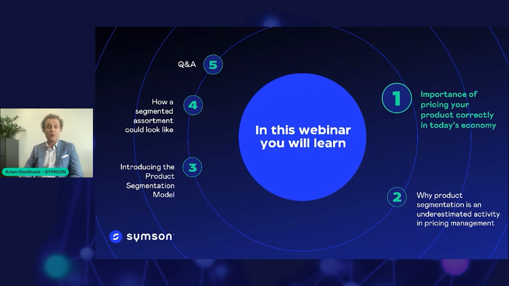In the fourth agenda point, we will give you ideas of how a segmented assortment could look. And last but not least, we also have a Q&A. If you have any questions during the webinar, we invite you to put them in the chat on LinkedIn. We will discuss them at the end of the webinar. So please do that if you have any questions or comments you would like to discuss.